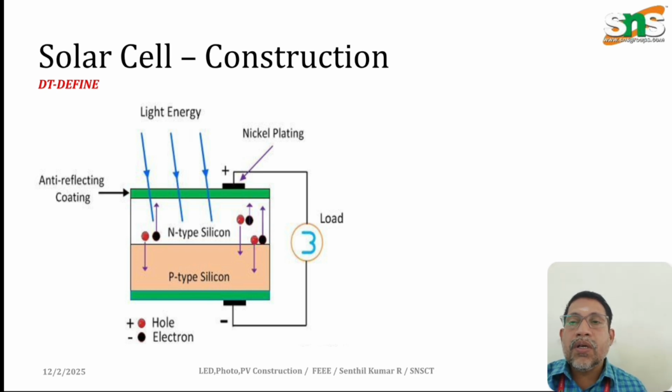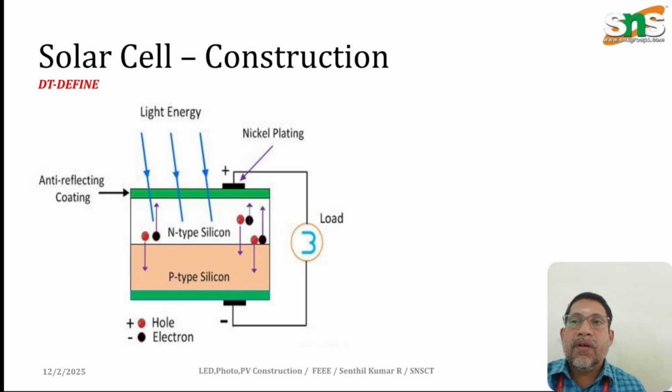The two layers are equally distributed, whereas the top and the bottom are coated with anti-reflecting coating, and the connection is taken from the nickel plating, which is shown in black color at the top and the bottom.